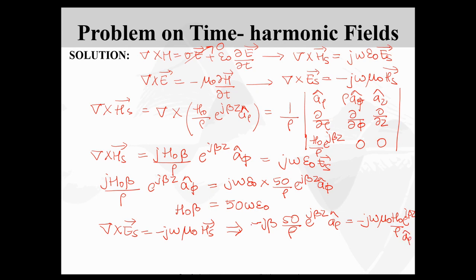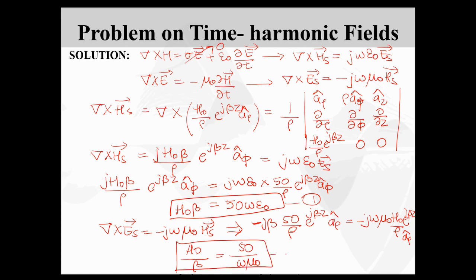So we get this as the expression like how we got. So let us mark this as equation 1. So here equating on either side, we obtain h naught by beta is equal to 50 over omega mu naught. This is done after some alteration by cross multiplying the factors.